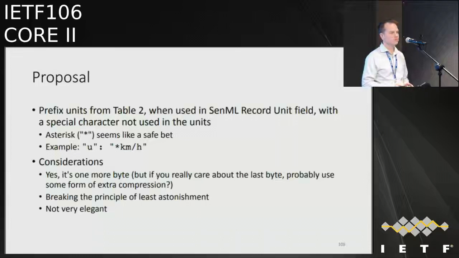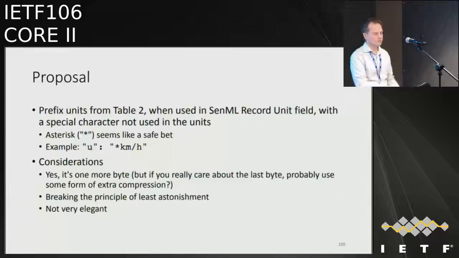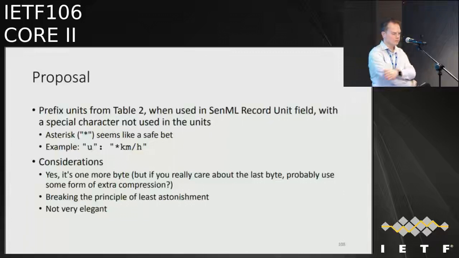Now, with the assumption that the units from table 1 are really moving very slowly, I mean, we are not going to register a lot of units there, unless the SI system changes again or something like that. That leads to the simple implementation strategy to look up the name, and if it's not in table 1, it apparently is in table 2.